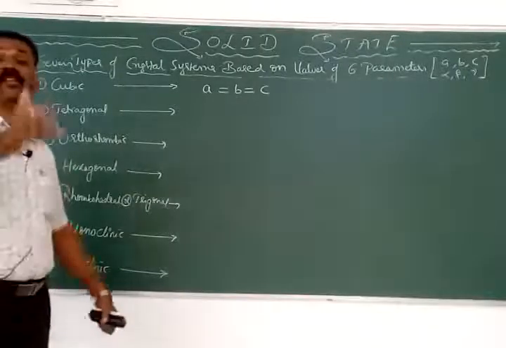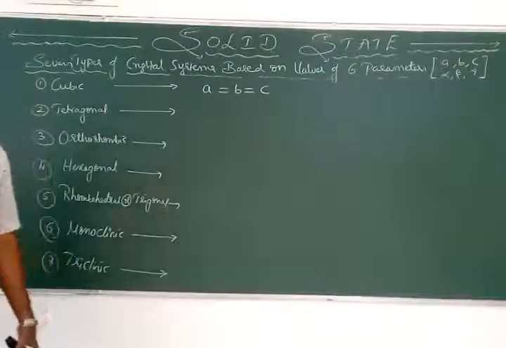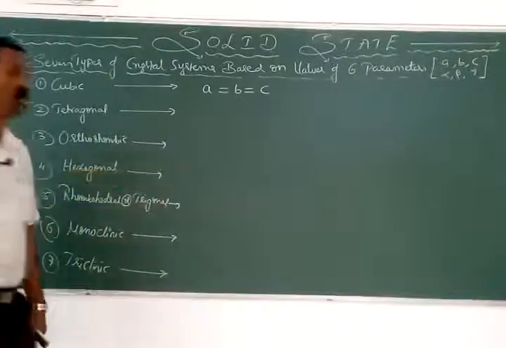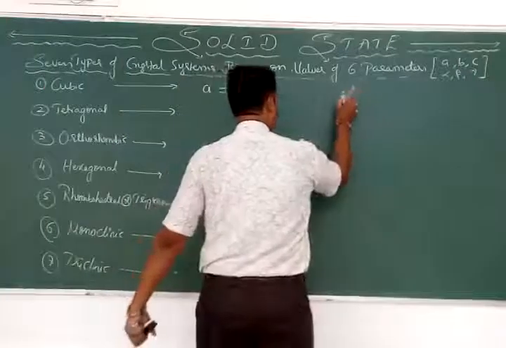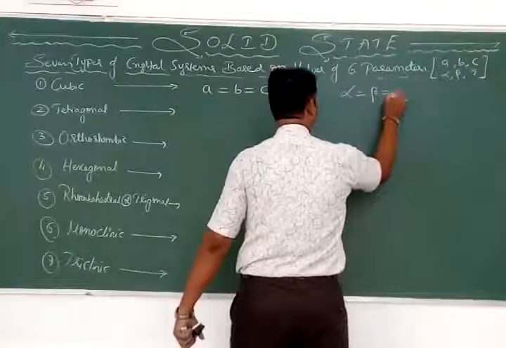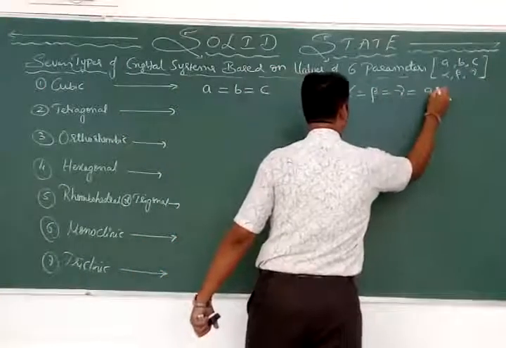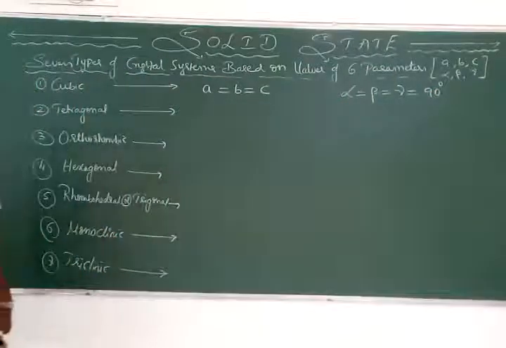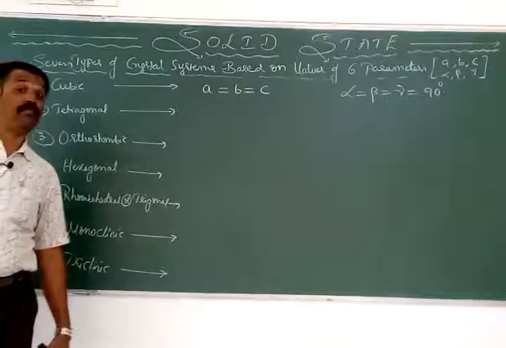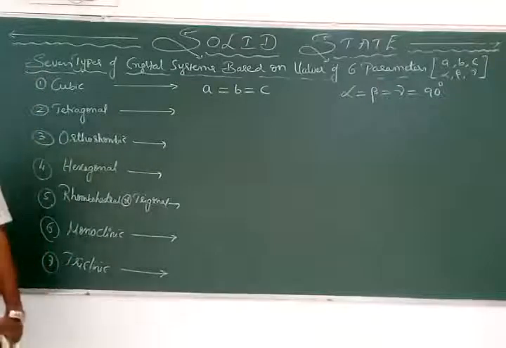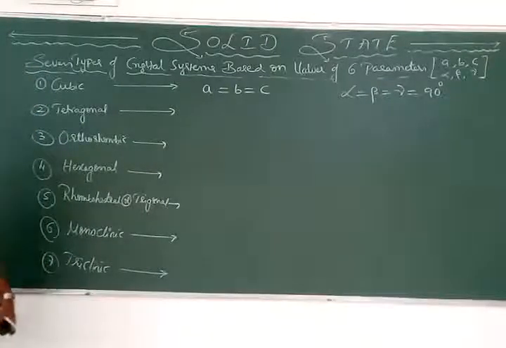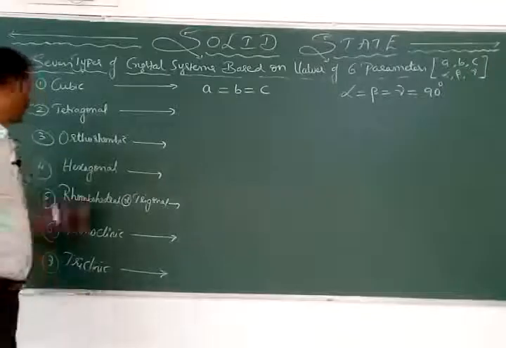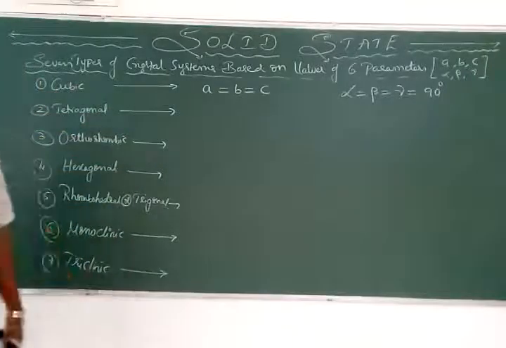Length is equal to breadth is equal to height, meaning all the edge lengths are equal. In addition to that, alpha is equal to beta is equal to gamma is equal to 90 degrees. Means all axes are mutually perpendicular to each other, and with all the edge lengths the same, that particular crystal system is considered to be cubic.